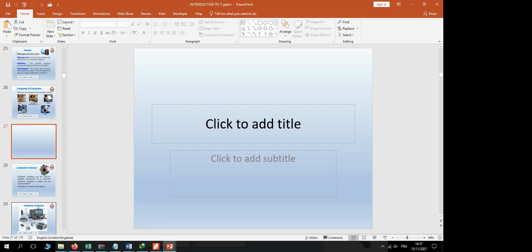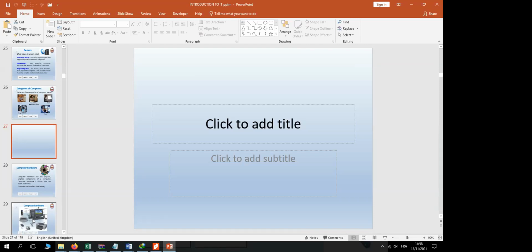Your hand is up. Lucky Joshua, your hand is up. Speak. Same answer? Almost the same. The hardware are the tangible components of a computer, the ones that we can touch and feel with our hands. Okay, Benjamin has said the same. Then Philip also said the same using the chat.